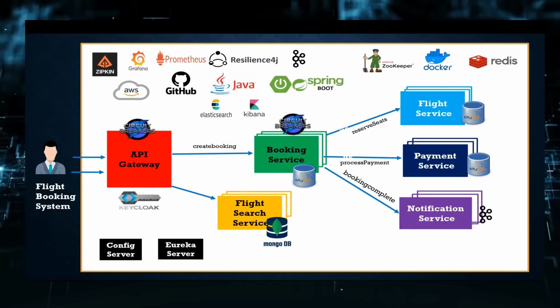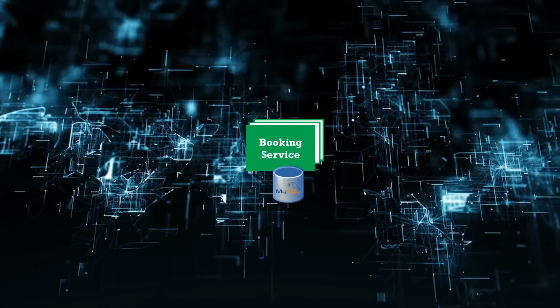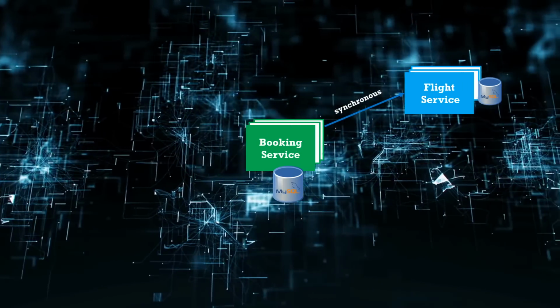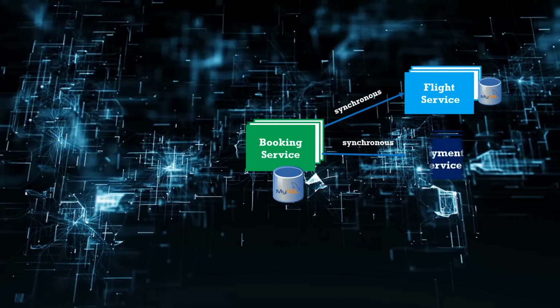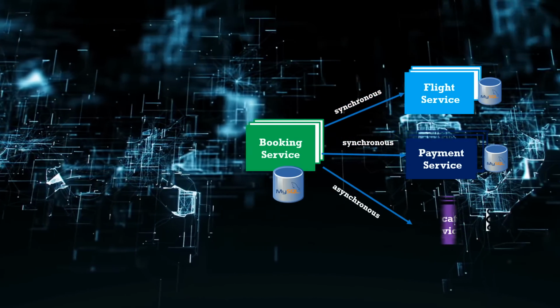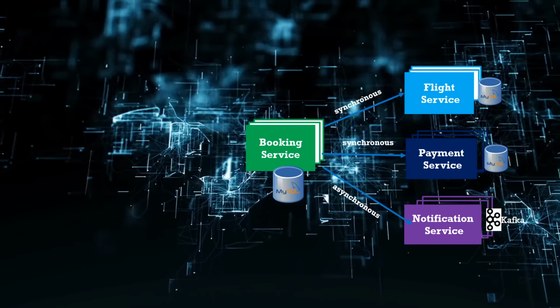We will implement this booking service, and for storing these details we are using the MySQL database. Now the booking service will interact with the flight service to check for the seat availability, and it will reserve the seat on the flight. For the communication between the booking service and flight service, we will use synchronous communication.